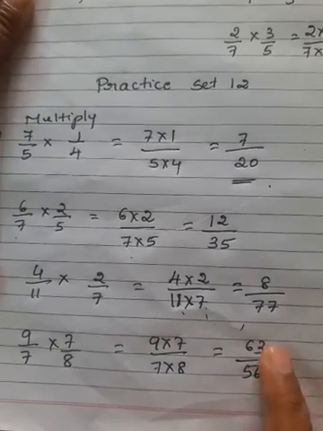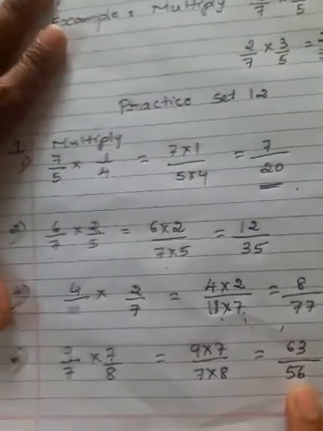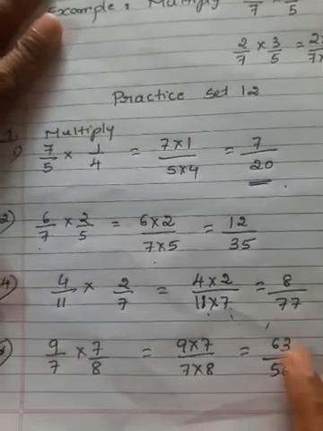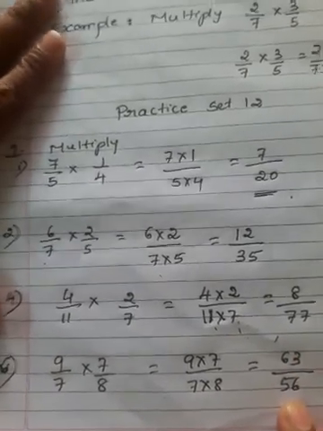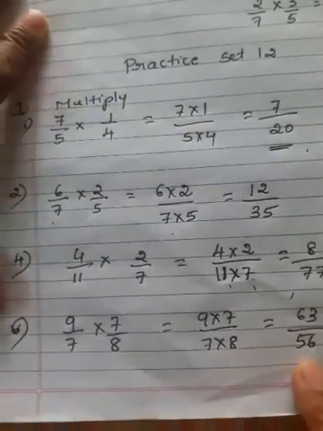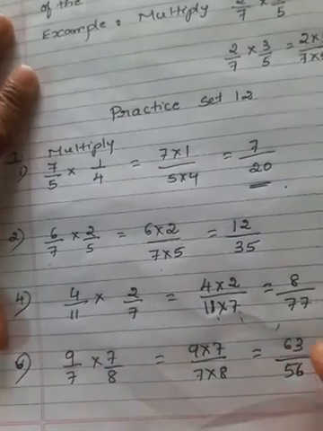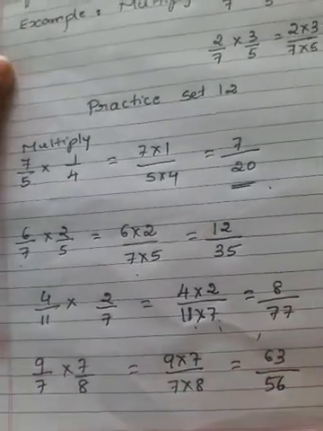Now if this is divisible, then you can divide and write. You know, in 5th standard you have studied how to find out equivalent fraction. So 63 and 56, it is divisible by 7, correct? 7 9s are 63 and 7 8s are 56.